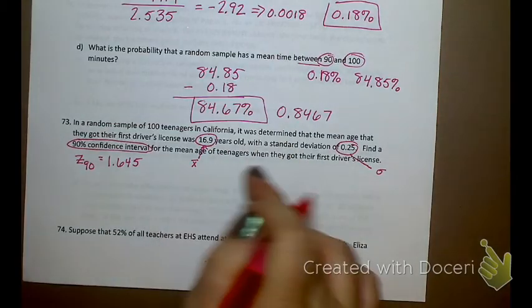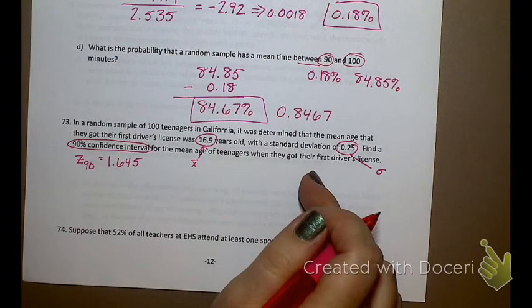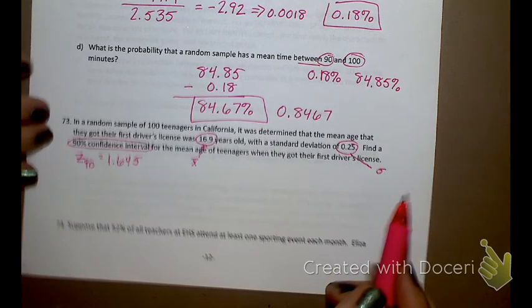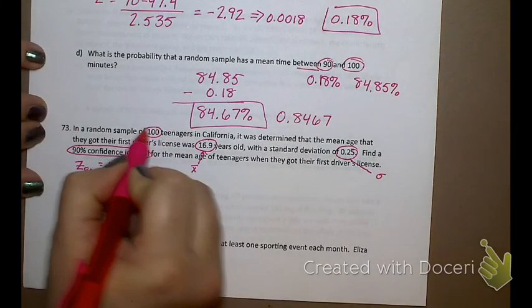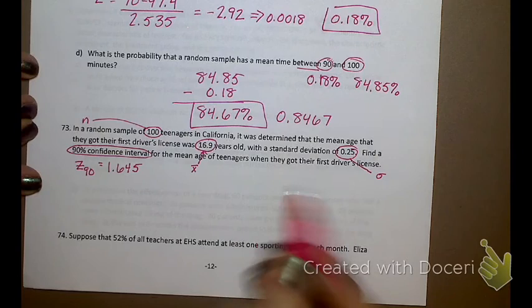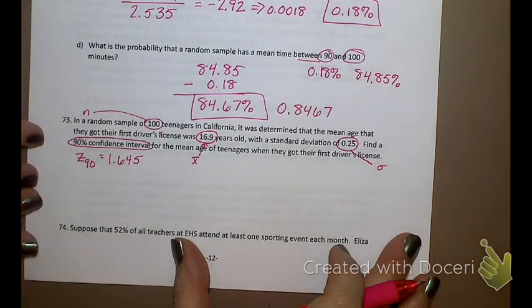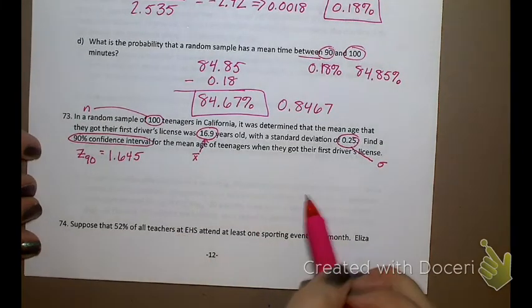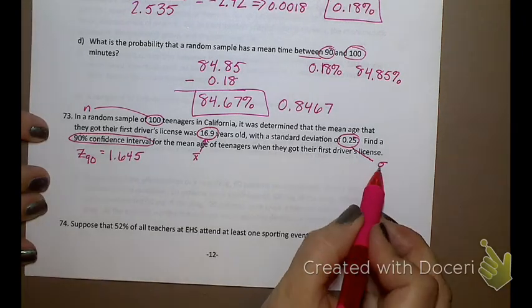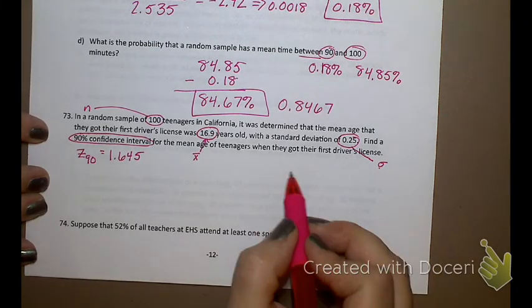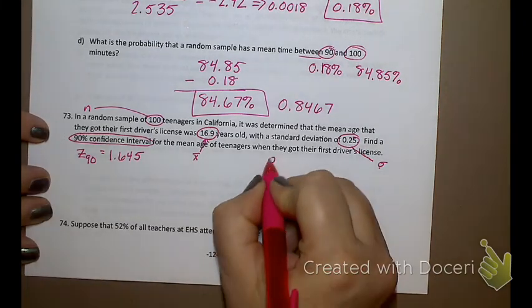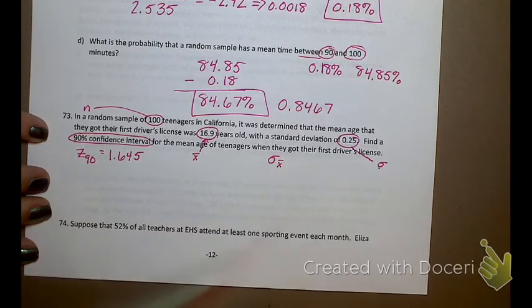For the mean age of teenagers when they got their first driver's license. Let's see, I think I've identified everything except the 100. That is my N value, correct? Yes. So, we're dealing with means here, so that's the population standard deviation. I need to find the standard deviation of the means, in other words, sigma sub X bar.